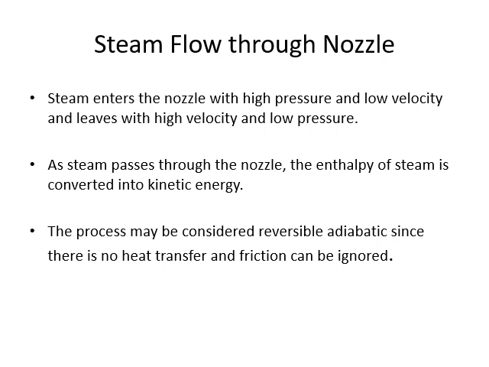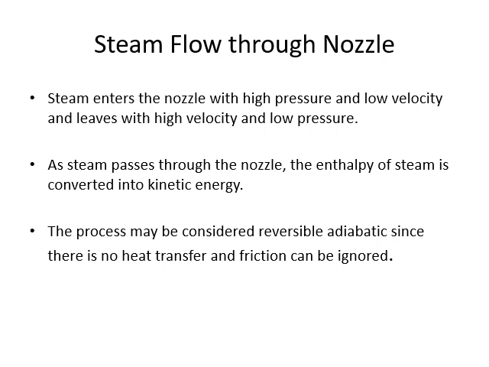Now we'll discuss the steam flow through the nozzle. Steam enters the nozzle with high pressure and low velocity and leaves with high velocity and low pressure. As steam passes through the nozzle, the enthalpy of steam is converted into kinetic energy.